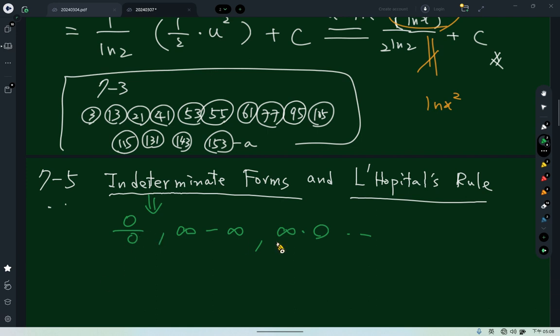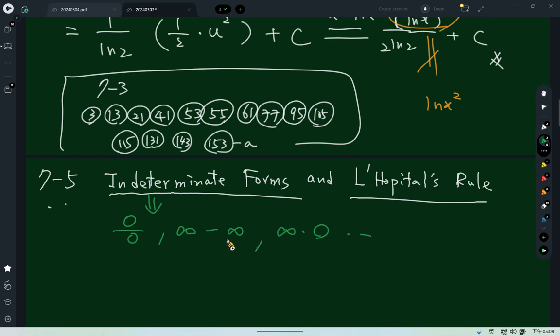For example, with 0 over 0 or infinity minus infinity, sometimes the result could be 0, it could be any number, and it could be positive infinity or negative infinity.